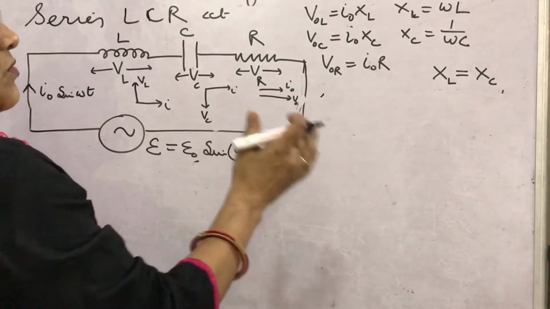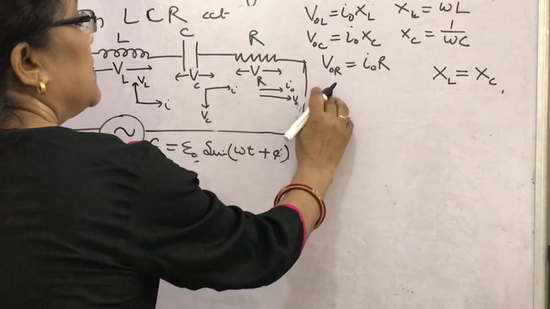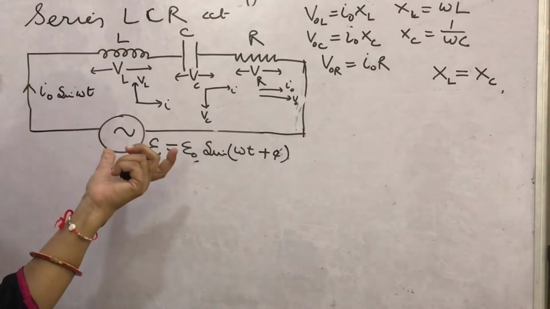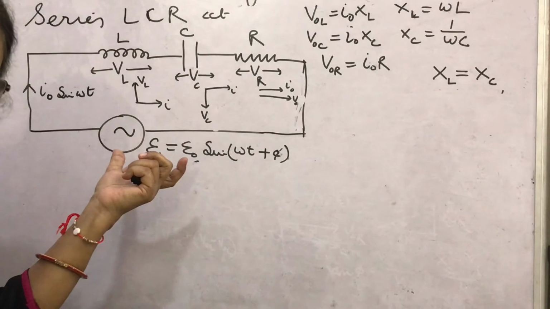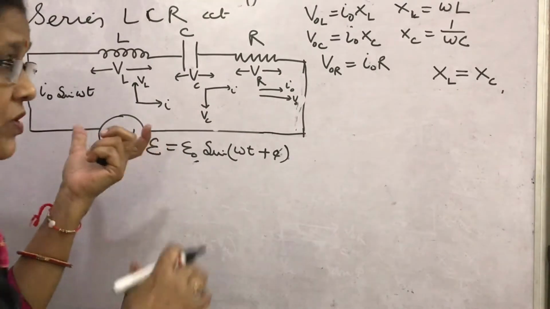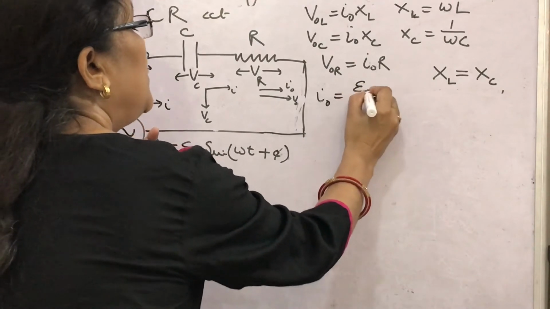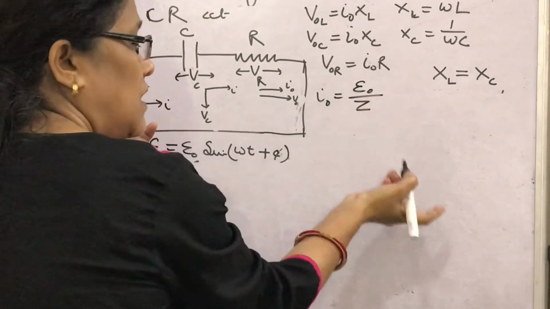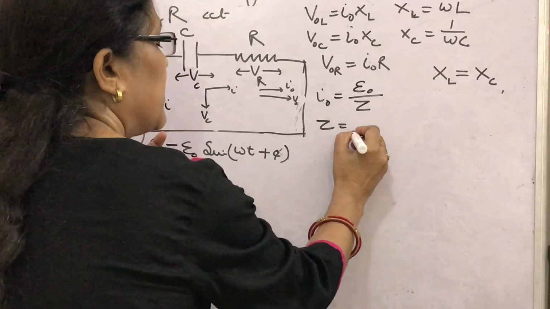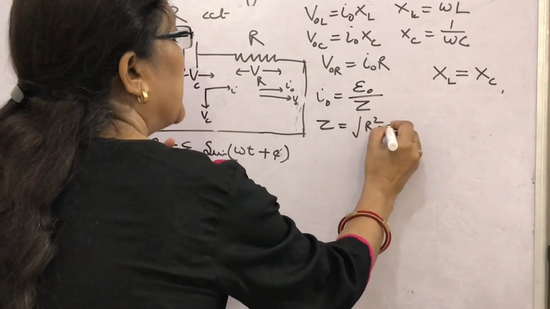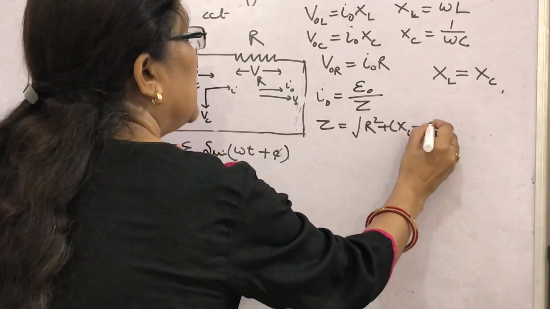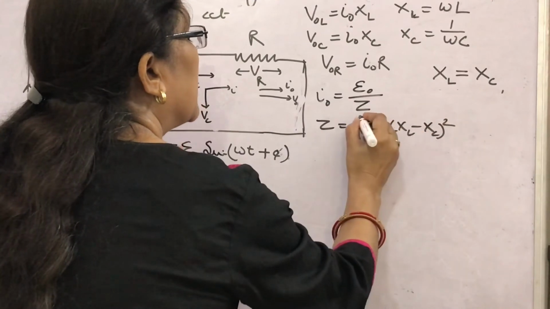In this case, the circuit becomes purely resistive. What we have observed is that I naught equals E naught upon Z. Earlier, we considered Z as the square root of R square plus XL minus XC whole square.